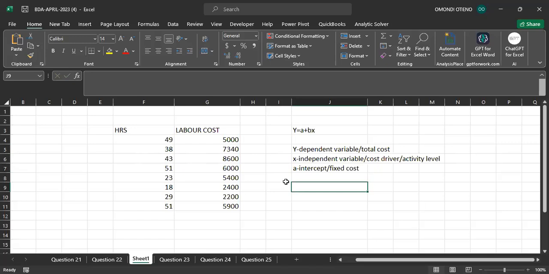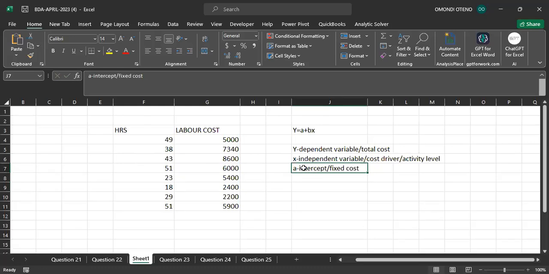Whether you've produced 0 units, you have to pay the production manager. Whether you've produced 0 units, you must pay for premiums that have been used to ensure the production process, the factory. You must pay the trading license. Such kinds of things are going to fall under the fixed cost, intercept or fixed cost.